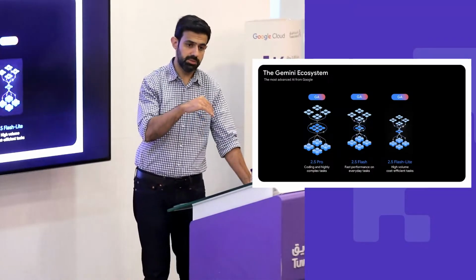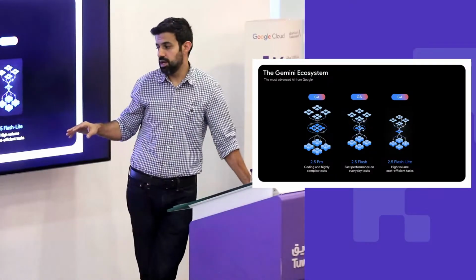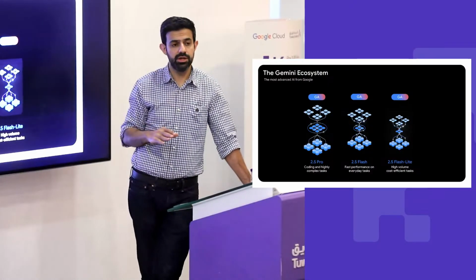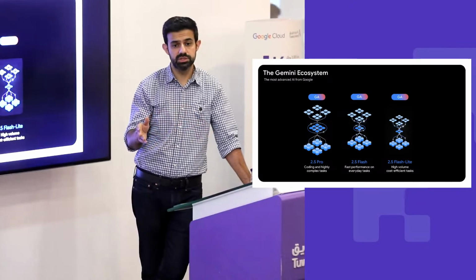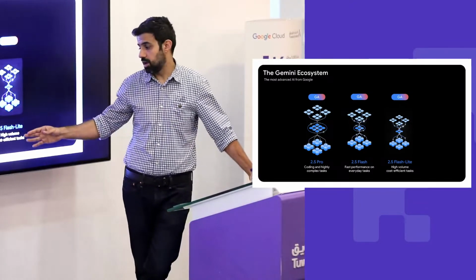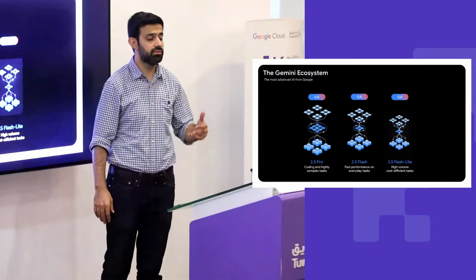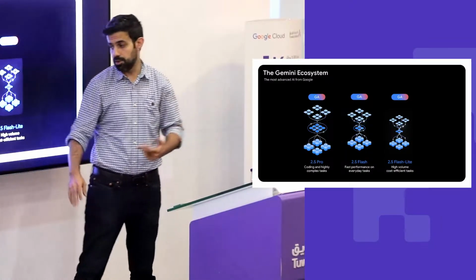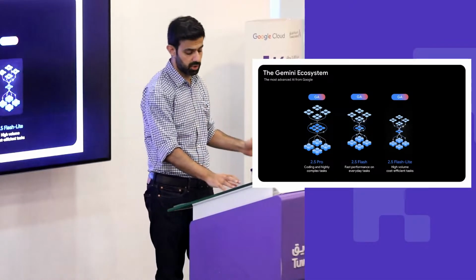There is a Gemini Pro, Flash, Flashlight. Each of them has different capability of what type of problem it solves, and at what speed. So for example, Flash is highly performant, highly cost effective, but if you need to solve a very complex problem, you would go with Pro. Or you can switch between multiple models as well.